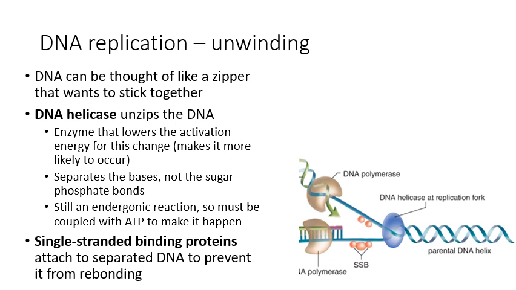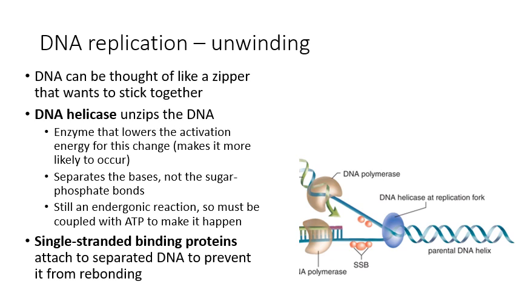You can really think about DNA as like a zipper that always wants to be zipped shut. So we have an enzyme, DNA helicase, that's going to come in and unzip the DNA. That's an active process that requires an investment of energy. If this is an endergonic process, we have to couple it with another exergonic process to make it happen, right?